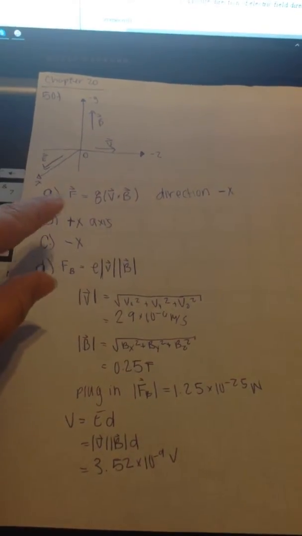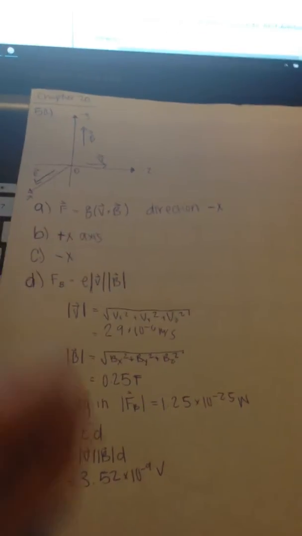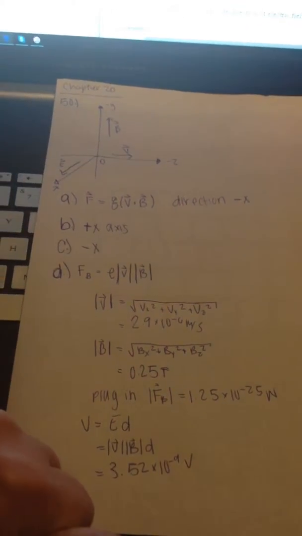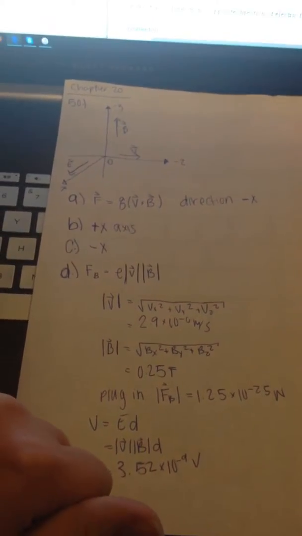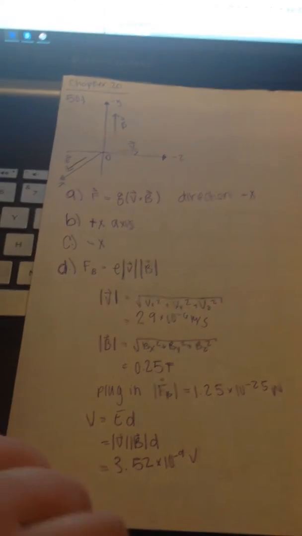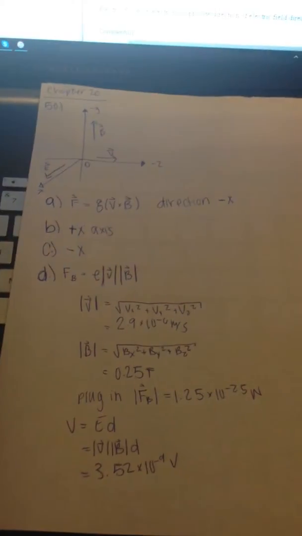And then the electric field along the negative x-axis, which is going to be there. And so V cross B is going to give you the electric field. That's just some information there.